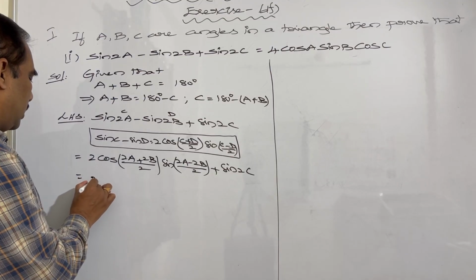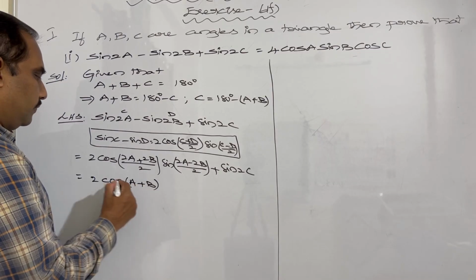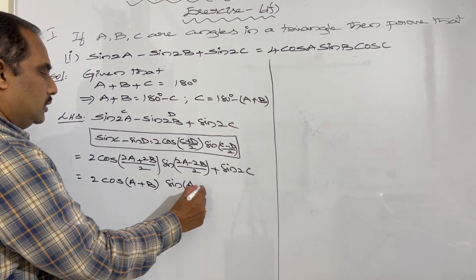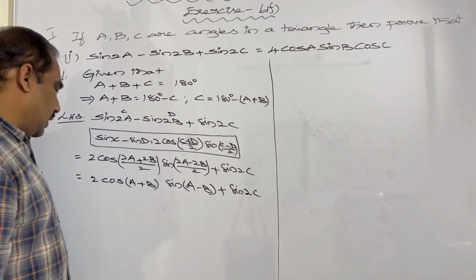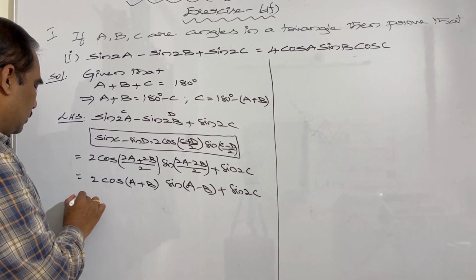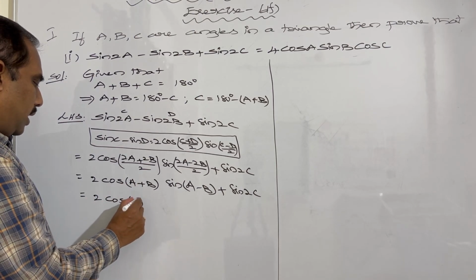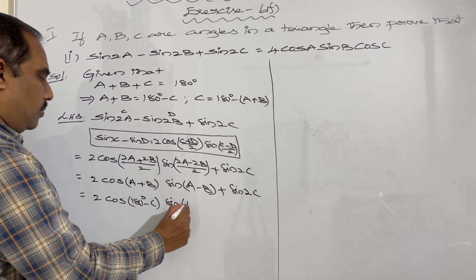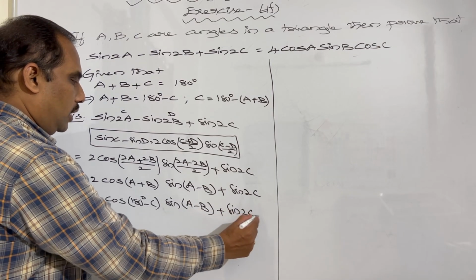So we get 2 cos of A plus B into sin of A minus B plus sin 2C. Here A plus B is 180 minus C, so cos of A plus B is replaced by cos of 180 minus C, into sin of A minus B, and plus sin 2C.